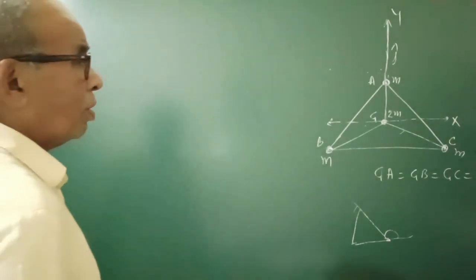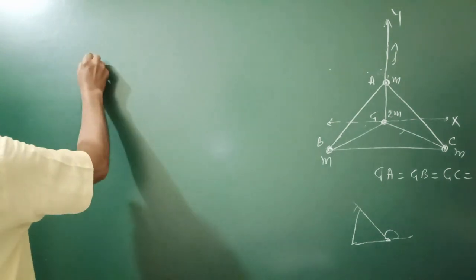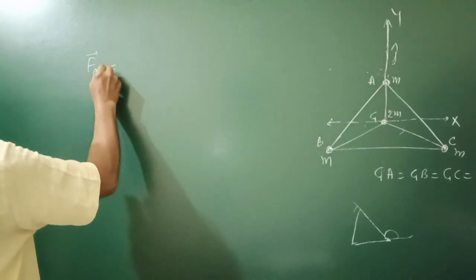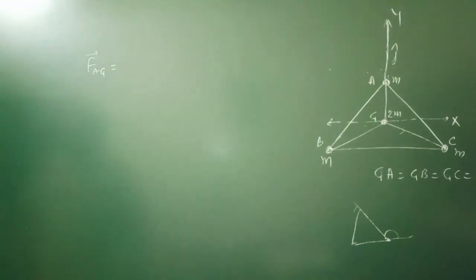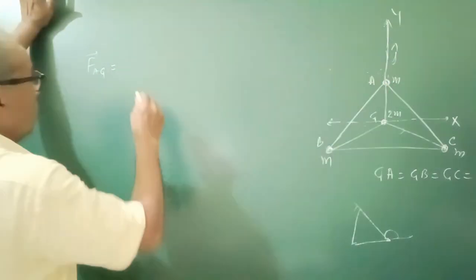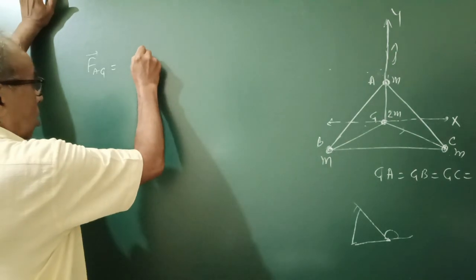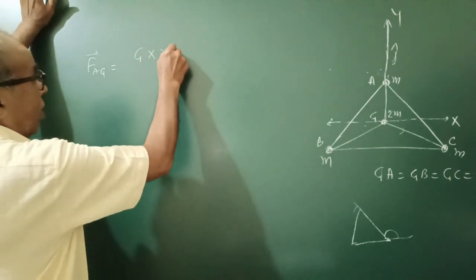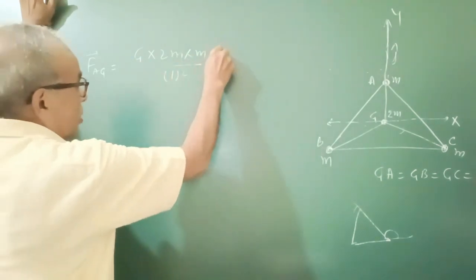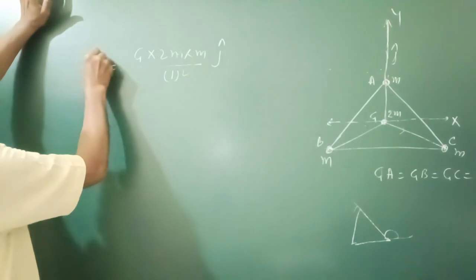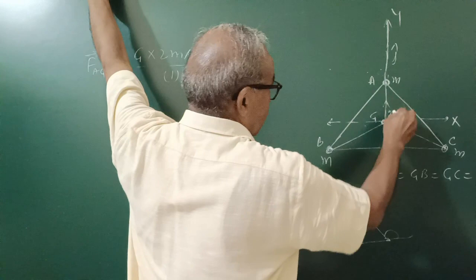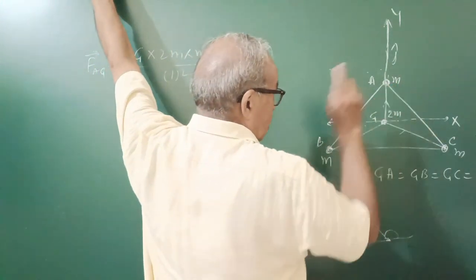Now I write here the force FAG, the force on mass 2M due to mass M at A. FAG is equal to G into M into 2M upon 1 square, in the j cap direction, so j cap means the force is directed this way, the force on mass 2M due to this.